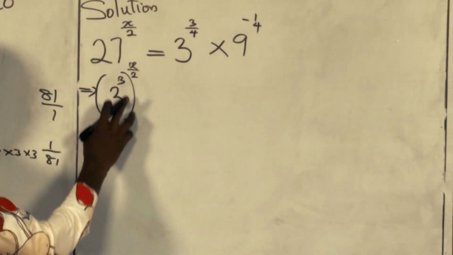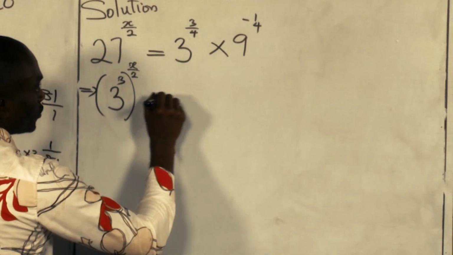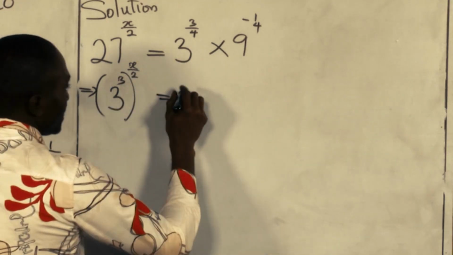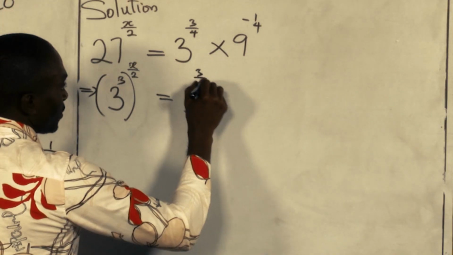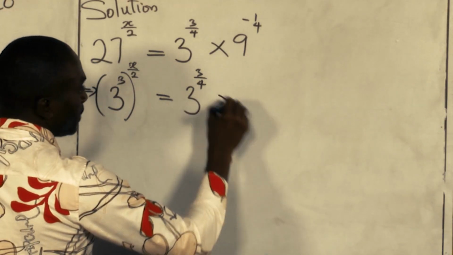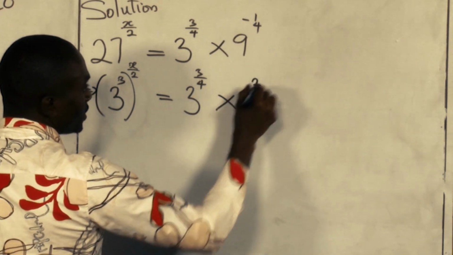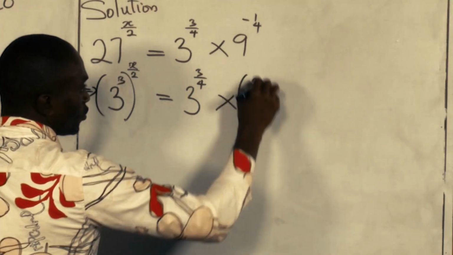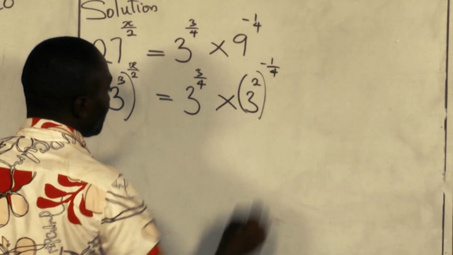So all this is still the same thing as this. Now we have equal to, these 3 still remain raised power 3 over 4, and we have multiplied by 9, which will give us 3 square. 3 square is 9. So in bracket we have minus 1 over 4.